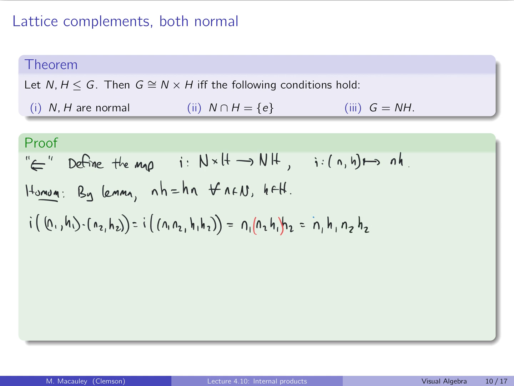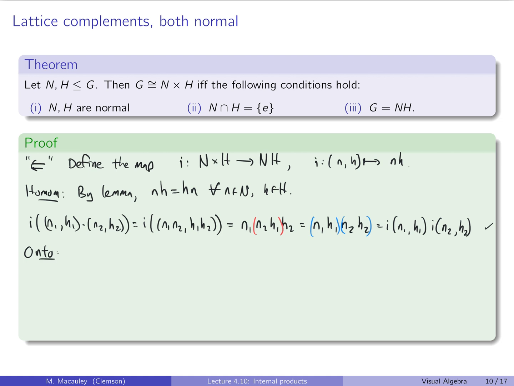And now we look at what we have here. You can see that this is just I of (n1, h1) times I of (n2, h2). And therefore, this map is a homomorphism. So now let's show that it's bijective. We'll do onto. This is straightforward.